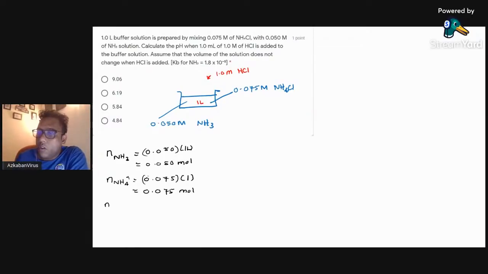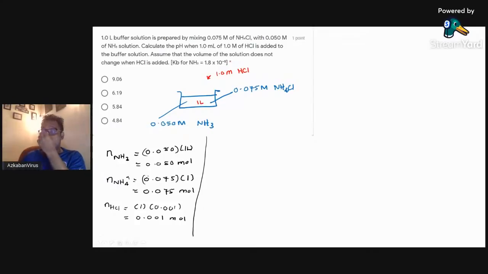Kita kira mol of HCl is equal to 1 darab 0.001, which is equal to 0.001 mol. From here, kita buat ICF table.